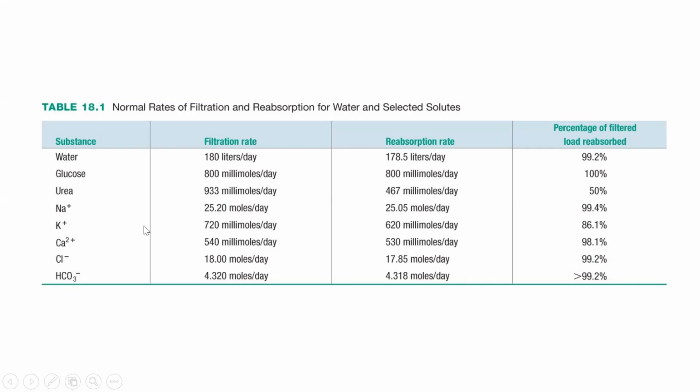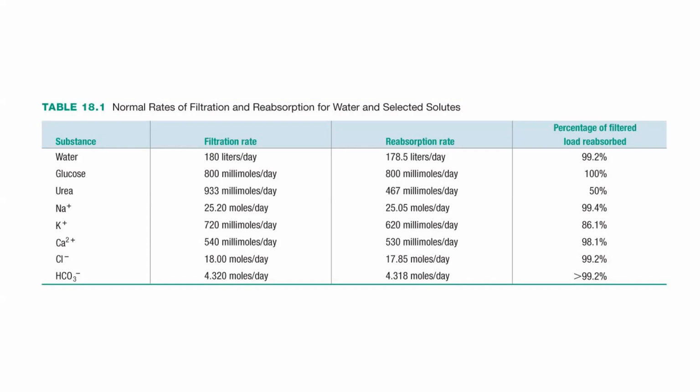And then our other ions are also reabsorbed: sodium, potassium, calcium, chloride, bicarbonate, and those are aggressively reabsorbed. So most of that is reabsorbed, and we know that these are things that we need. We need our sodium, potassium, our other important ions at the relative concentration in our plasma in order to maintain things like our resting membrane potential, in order to help excitable cells fire action potentials.